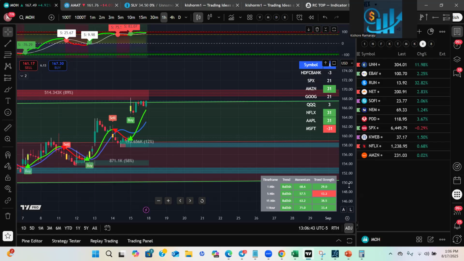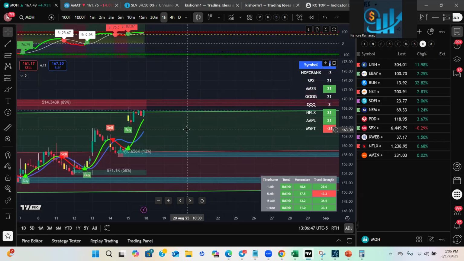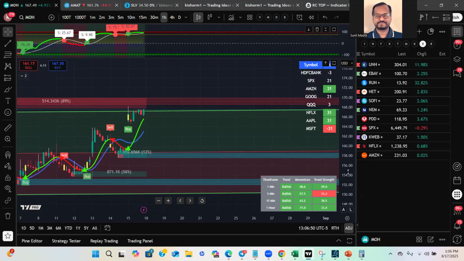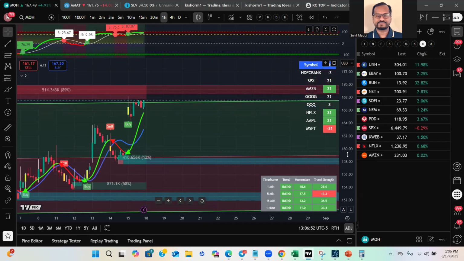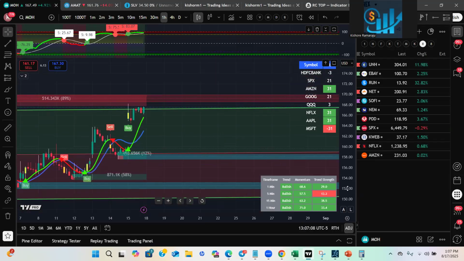Let us say your options account size is $30,000, then you spend $1,000 for every trade. Divide your portfolio into 25 or 30 parts, and use one part for each trade. So that even if we win 8 or 9 out of 10, you will be in profit at the end of the day.